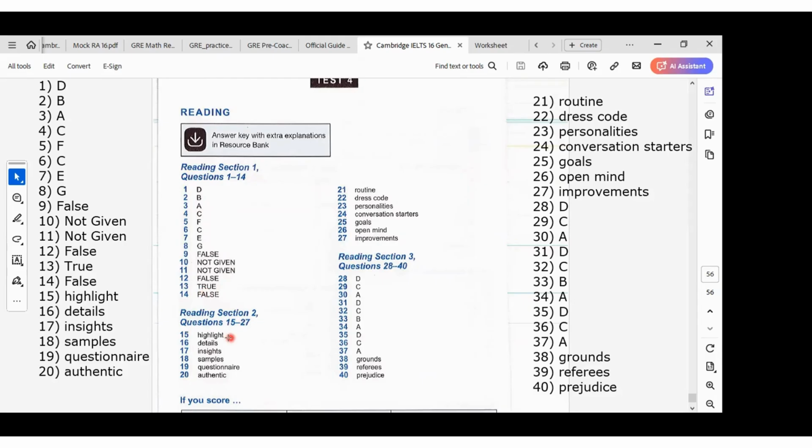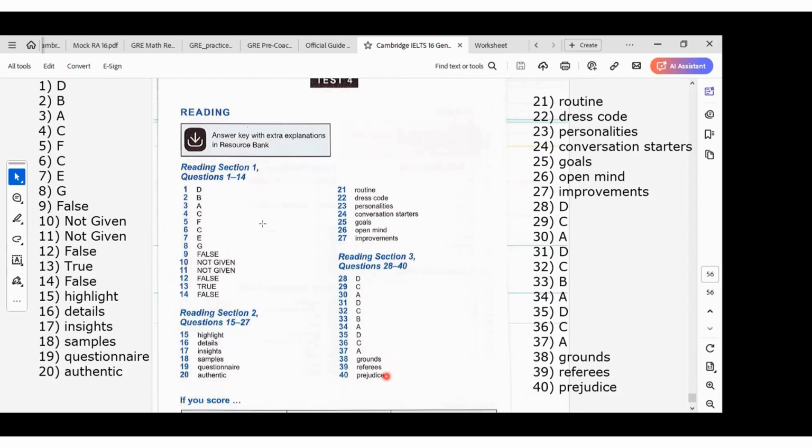Number 15: highlight, details, insights, samples, questionnaire, authentic, routine, dress code, personalities, conversation starters, goals, open mind, improvements. Correct, everything correct. D, C, A, D, C, B, A, D, C, A. Grounds, referees, prejudice. All our answers are correct.